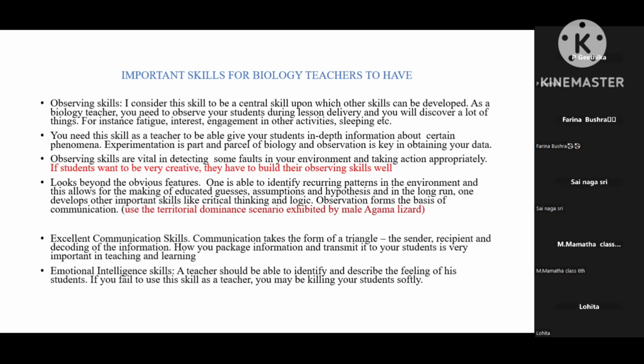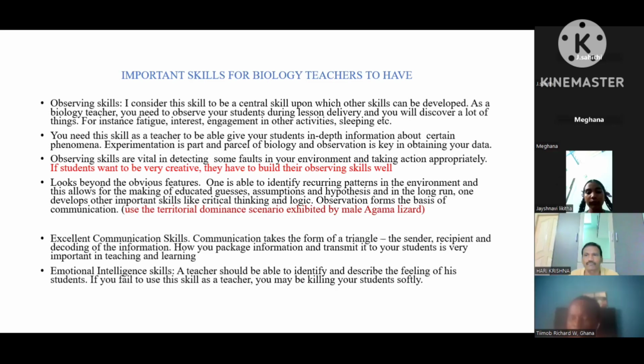You see, if you also observe how patterns are occurring in your environment, it allows you to make certain educated guesses and assumptions. And in the long run, you are able to develop other important skills like critical thinking and logic. Because when you observe a particular pattern in your environment, it doesn't end there. You will begin to ask yourself certain questions as to why or how it is happening the way it is.